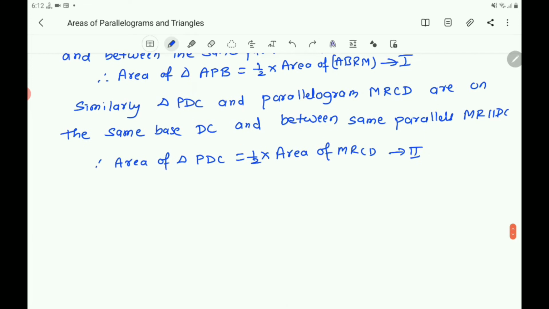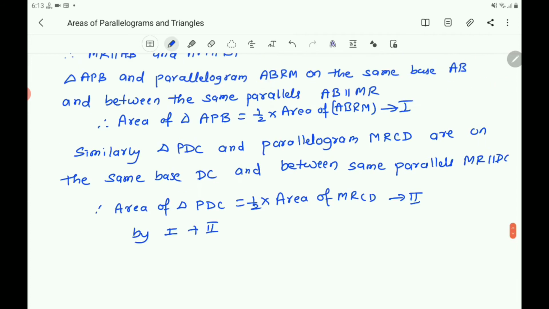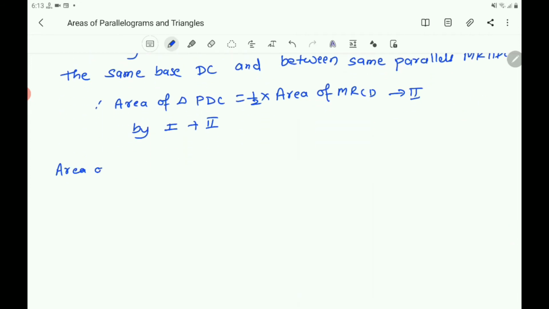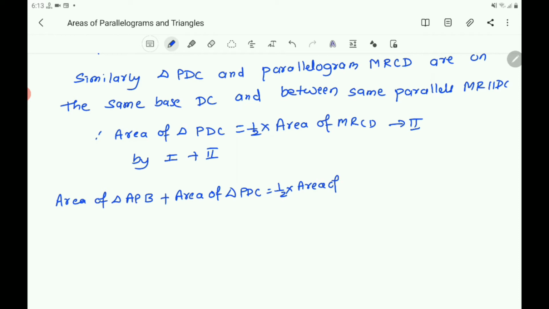So, first plus second: area of triangle APB plus area of triangle PDC equals half into area of ABRM plus half into area of MRCD.